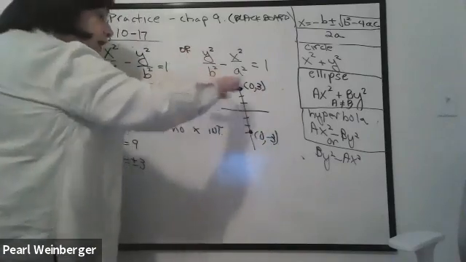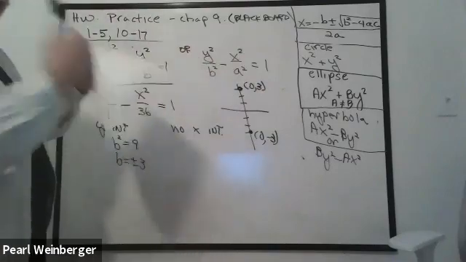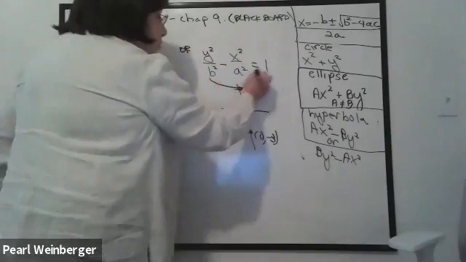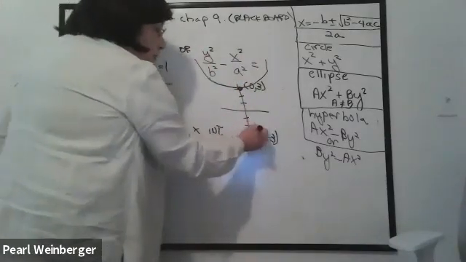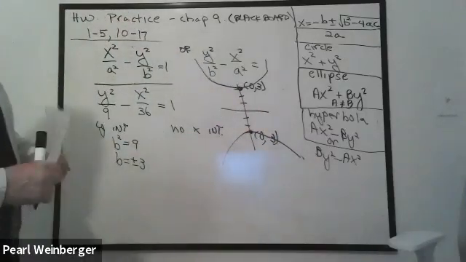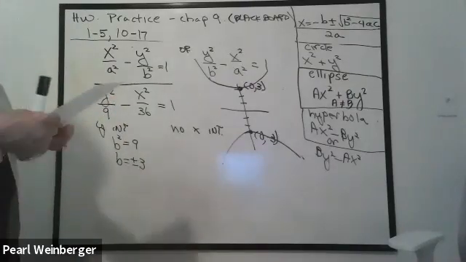And my two back-facing curves are going to be crossing like this, because they'll cross the y-axis, but they will not cross the x-axis. So that's what something like y squared minus x squared will look like.